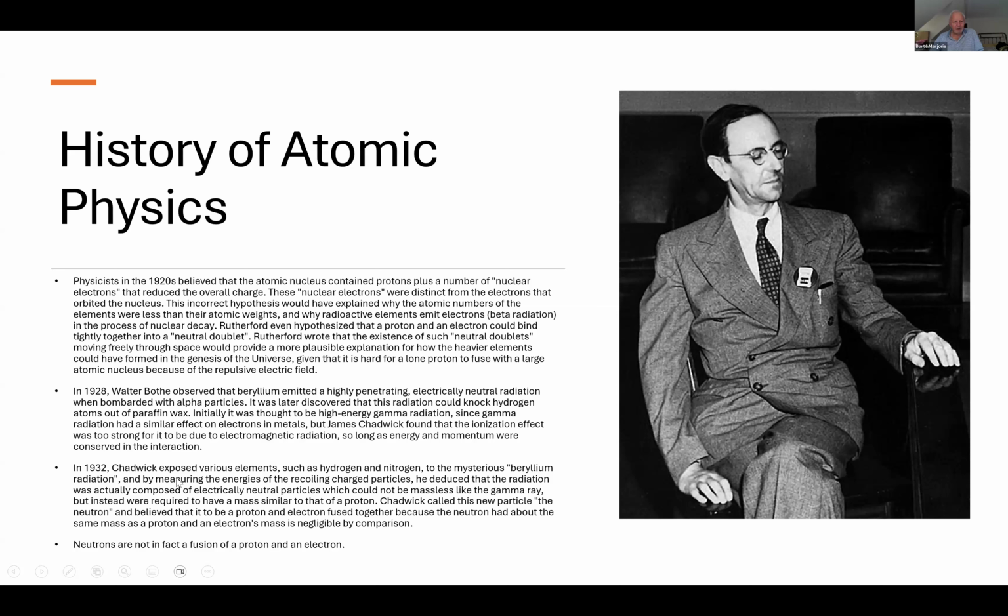And so Chadwick went ahead and exposed various elements such as hydrogen and nitrogen to the mysterious beryllium radiation, measured the energies, and deduced that the radiation was actually composed of electrically neutral particles, which couldn't be massless, but instead had to have a mass comparable to the proton. And this is what he called the neutron. Neutrons, as we said, are not simply a proton and electron. They include this other neutrino as well.